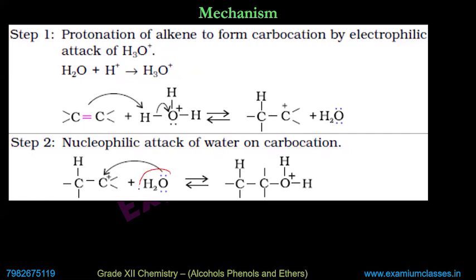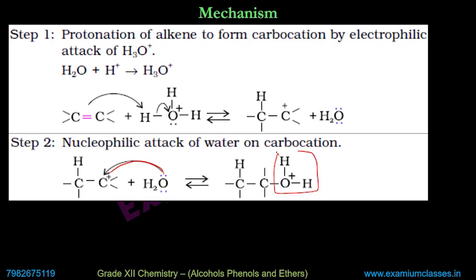Then an H2O molecule again attacks the positive center of the carbocation, because H2O has electron pairs on oxygen. And this is addition. The water molecule gets added to the carbocation with oxygen.